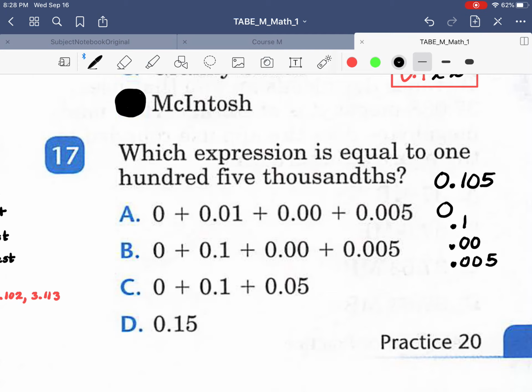So this is expanded form. I'm liking answer B. It matches exactly with what I wrote in my expanded form. I just wrote mine vertically and B is horizontal, but it is the same thing.